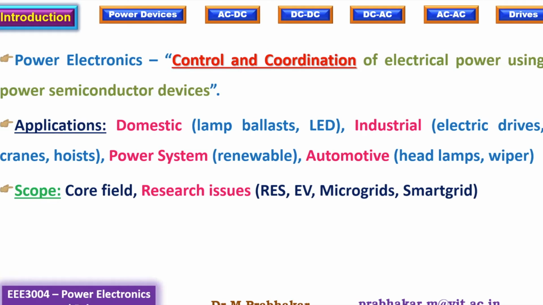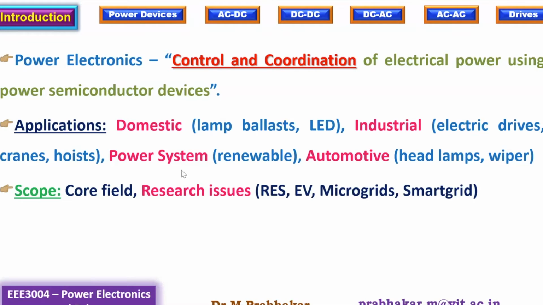These are companies which are involved in big R&Ds. Not only R&Ds, they are into manufacturing as well. So the scope for you as a student is that you can think about those core areas, you can think about those core companies.